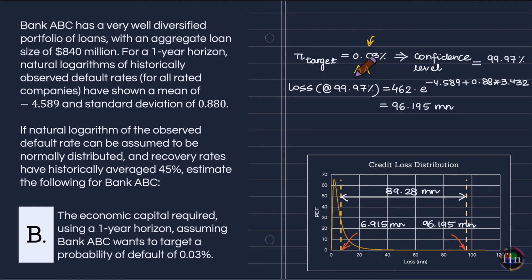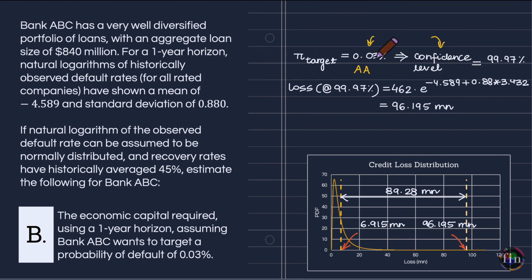Okay, so if I were to have a loss number in mind whose probability of being exceeded is only 0.03%, and if I were to place capital such that I have enough buffers to withstand that kind of a loss, then I will be granted this rating of AA. Okay, so if this is my target probability of default, I can arrive at a confidence level to determine my extreme loss by flipping this number around.